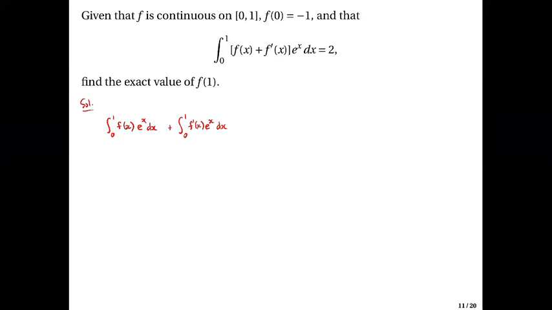From here, we study this part. We use integration by parts. We let u be equal to f of x, and therefore dv, this is e to the x dx. Du, this is f prime of x dx. V, this is e to the x.